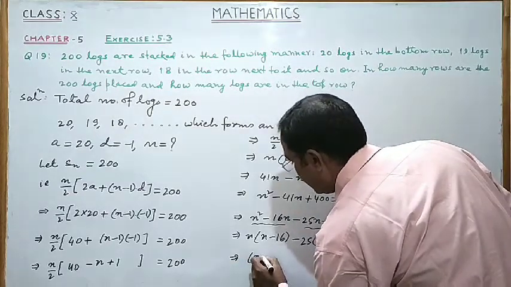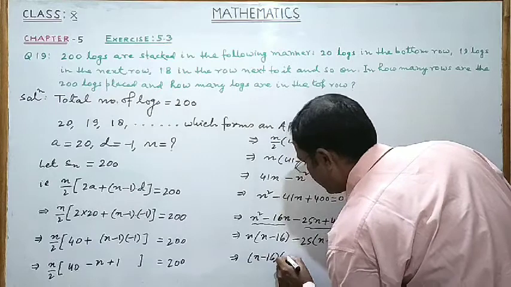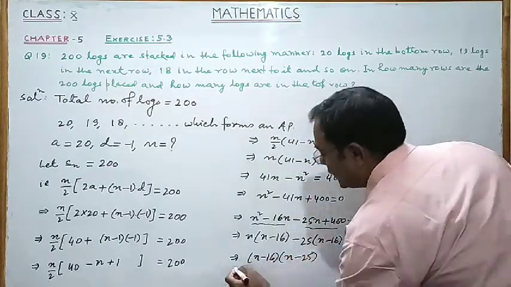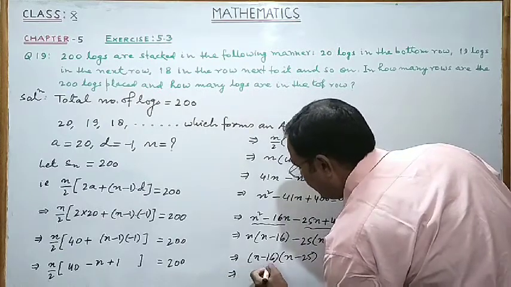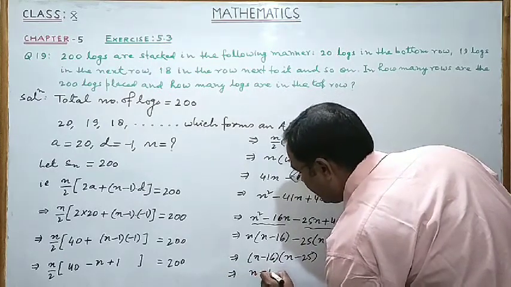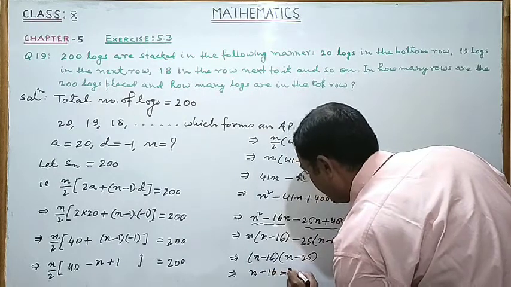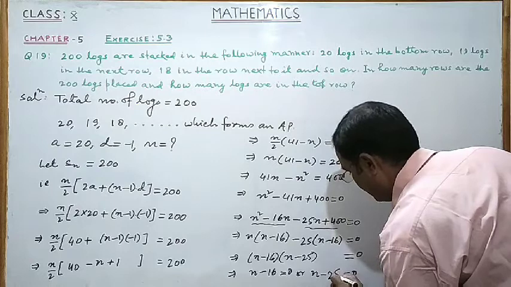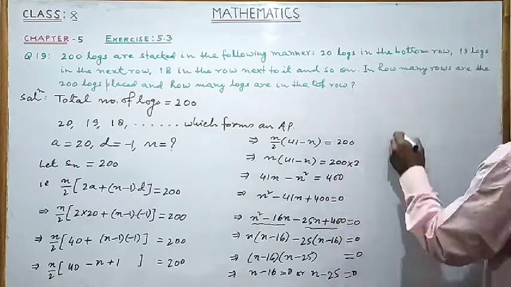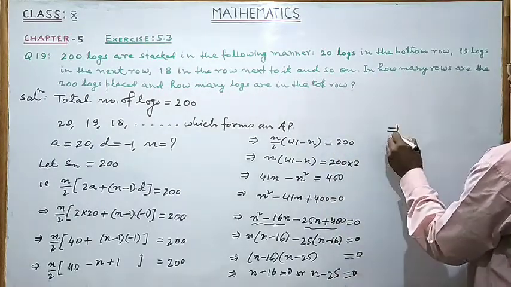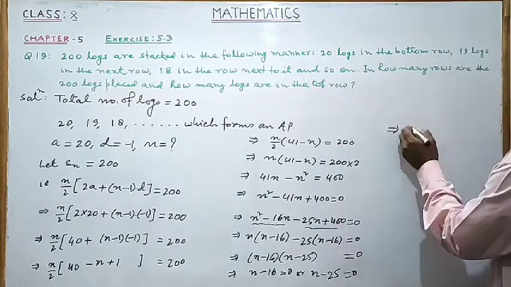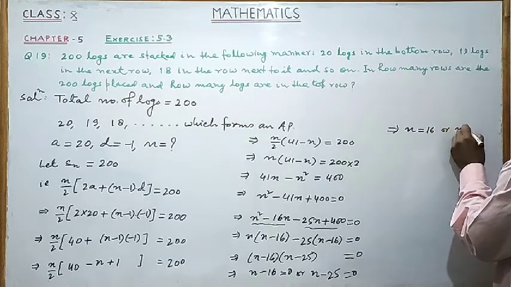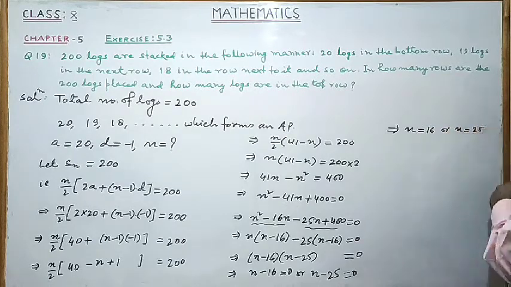This implies n minus 16 into n minus 25 equal to 0. So we get n minus 16 equal to 0 or n minus 25 equal to 0. Further, solving these equations, we get n equal to 16 or n equal to 25.